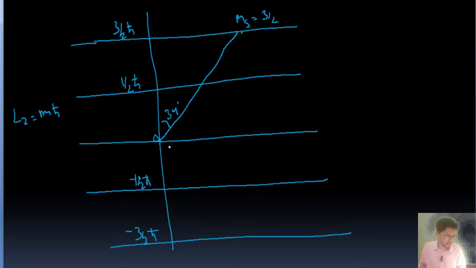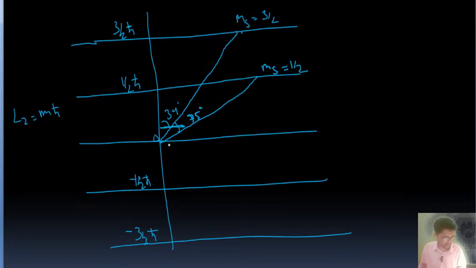Second is 75 degree, this complete one, 75 degree for ms equal to 1 by 2.